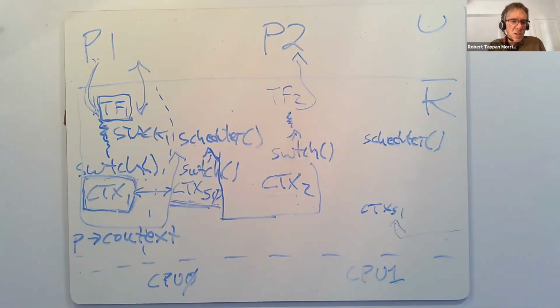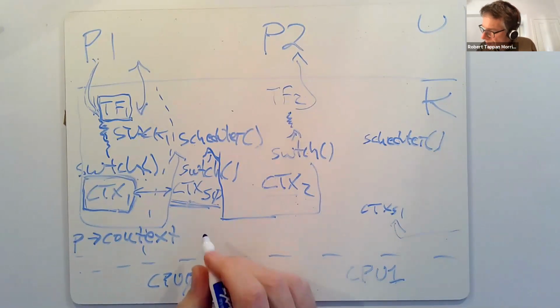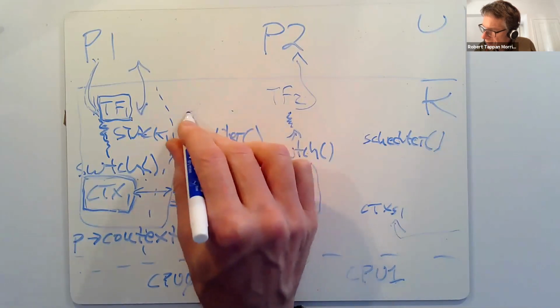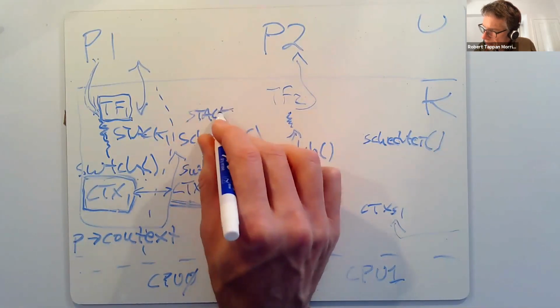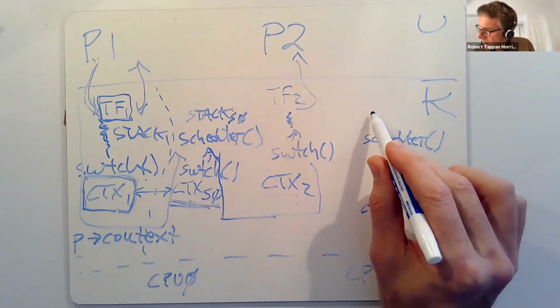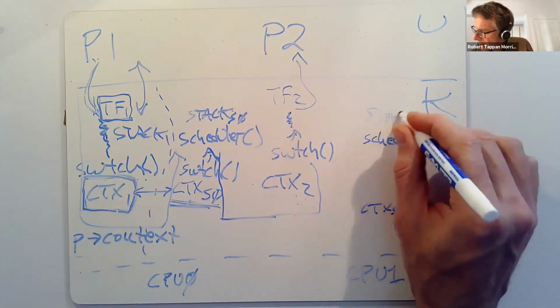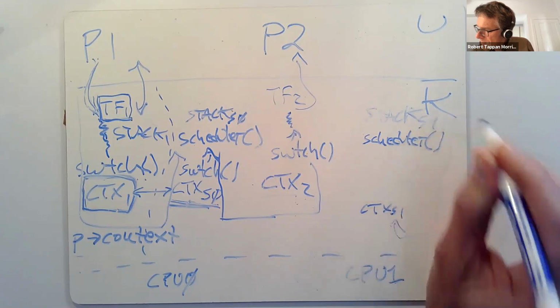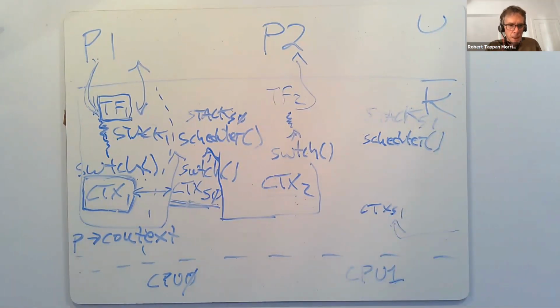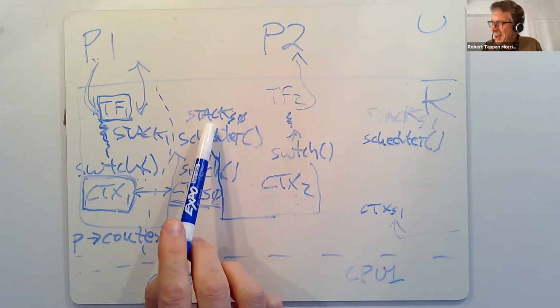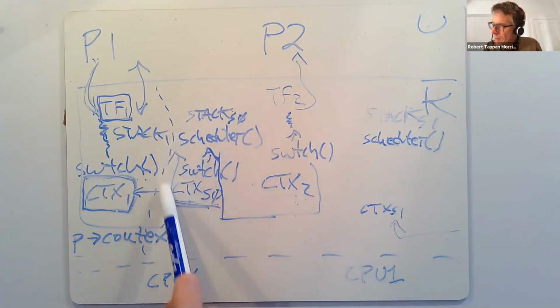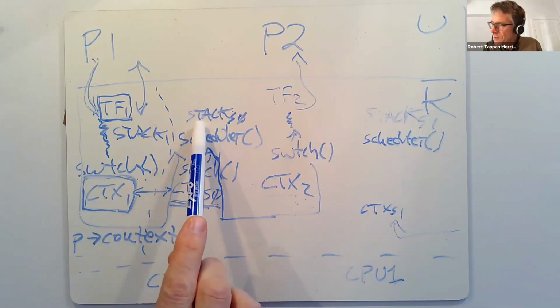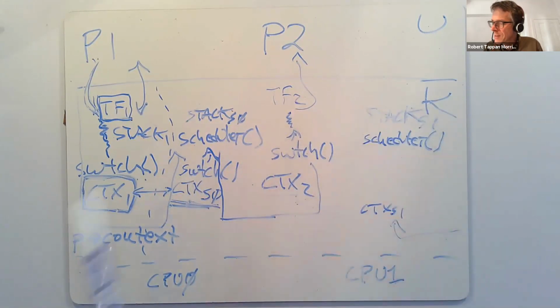Okay, so the question: does each per-CPU scheduler have its own stack? Yes, there's a stack for this scheduler and a separate stack for the scheduler for CPU1. Indeed, the context and the stacks for the scheduler threads are set up in a different way than for user processes.